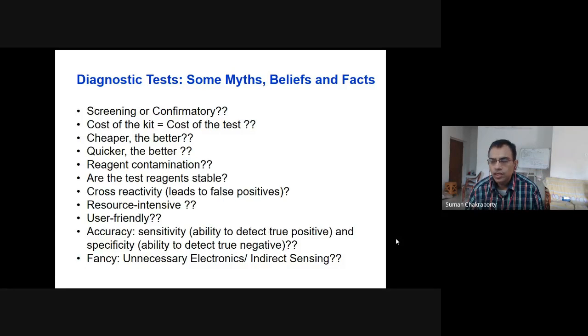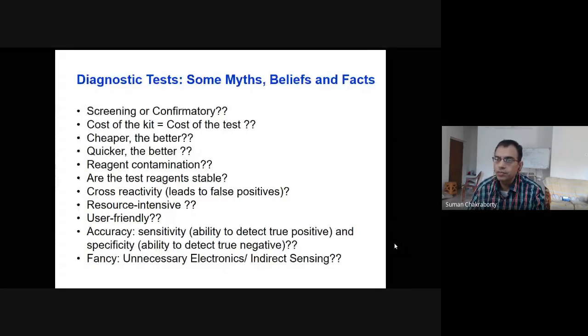Is the electronics unnecessary, fancy, or is there an indirect sensing which is used, which compromises with the gold standard procedure? These are questions which are not commonly known or not commonly addressed when a new path-breaking technology attempts to invade the market and is publicized in the media.